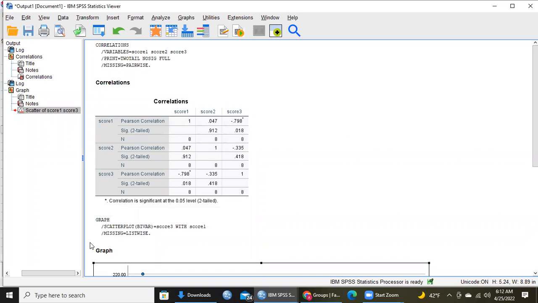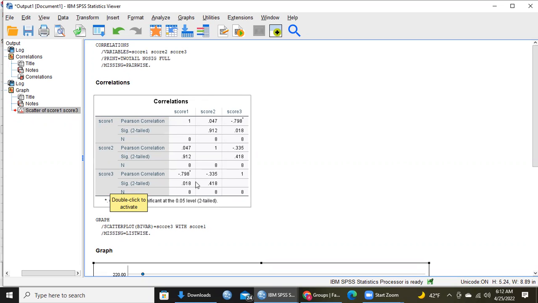You compare anything to itself, it's a 1. All right. Score 2 to score 1 will be a correlation of 0.047 with a p-value of 0.912. Score 3 to score 1 will be negative 0.798 with a p-value of 0.018, okay?